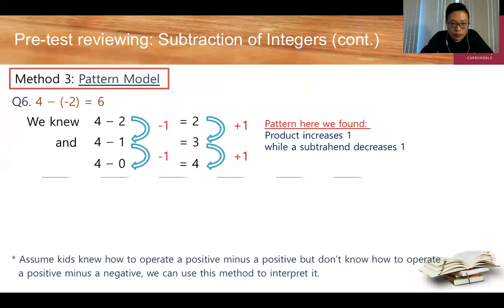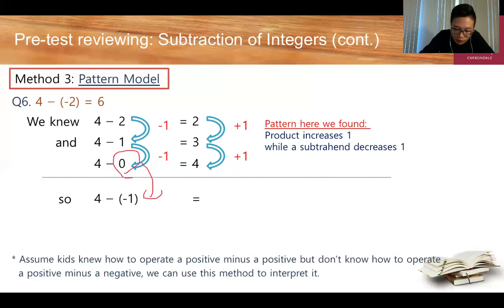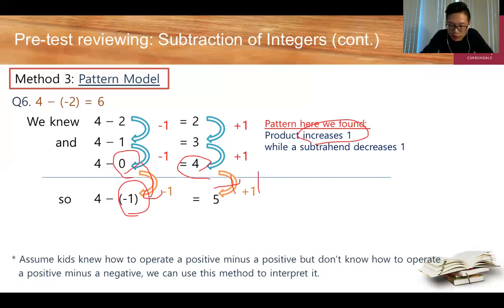So when 4 minus -1, which means the subtract hand decreases 1 from 0, the product will increase 1, so the 4 increased by 1 is 5, right?